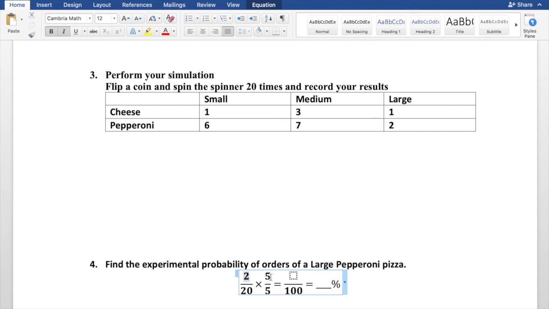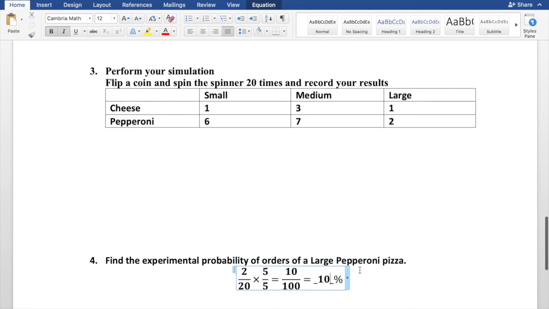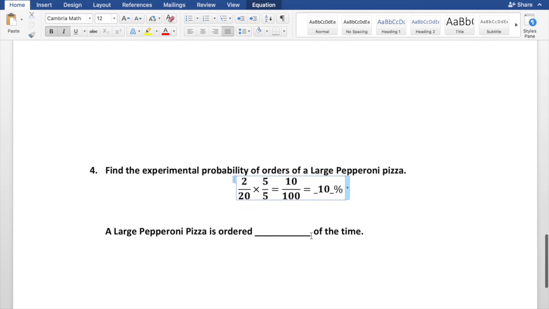When I do the same to the top, 2 times 5 equals 10. I know that 10 out of 100 is 10%. So the experimental probability of the orders of a large pepperoni pizza is 10%, meaning that a large pepperoni pizza is ordered 10% of the time.